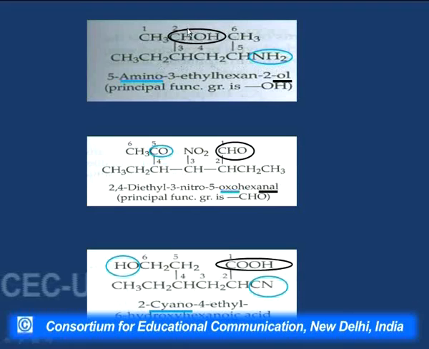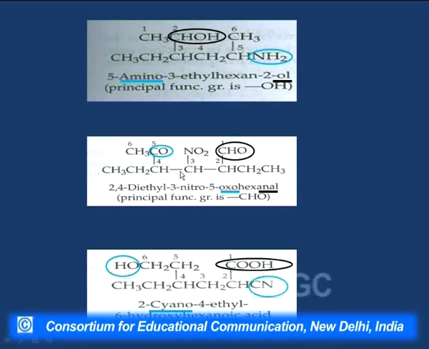Please keep in mind that we have given the lowest number to the OH group and not to amino. If I had numbered it from the other side, amino would have got number 2. But if we had done that, the whole answer would have been wrong, just by adding a wrong locant. The incorrect locant would make my answer incorrect.